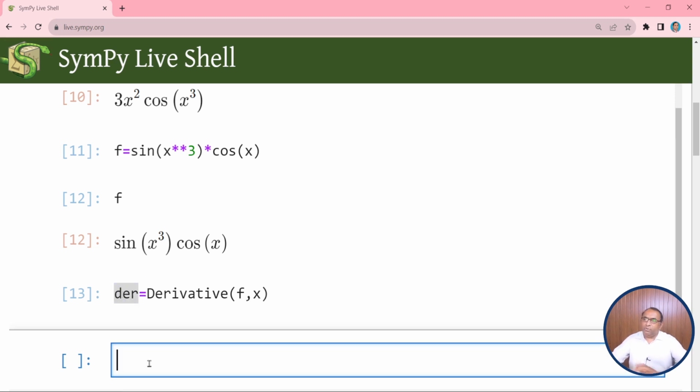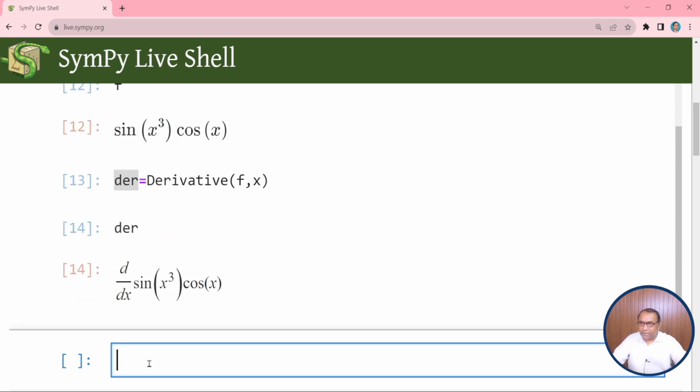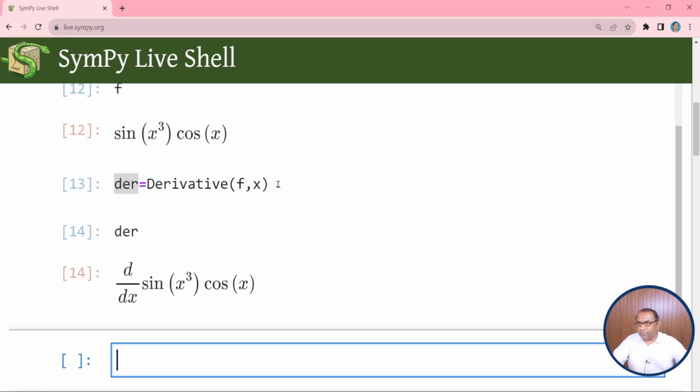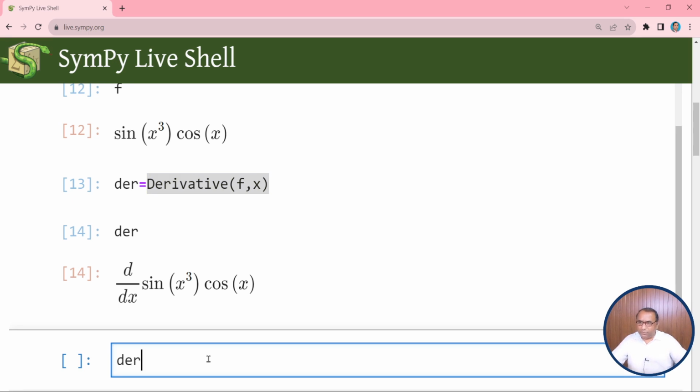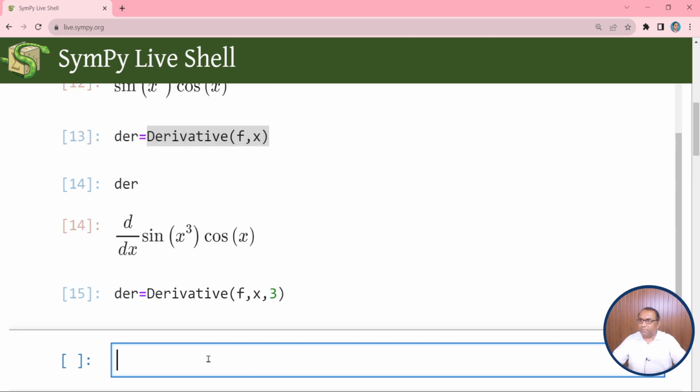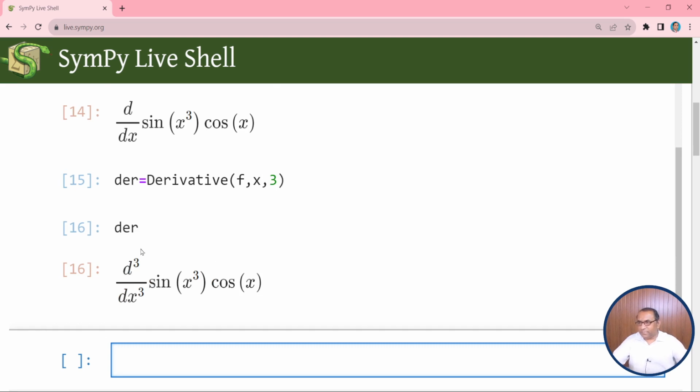Okay, so now if you enter der again, it will print at this place the first order derivative of the function f which we chose. If you use comma 3, then this will be the third order derivative of the function, and you can see that it returns the value in symbolic form.